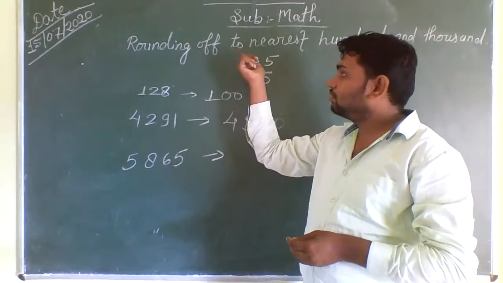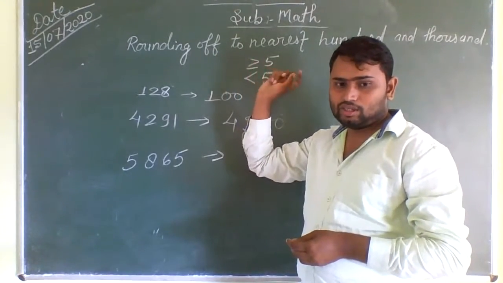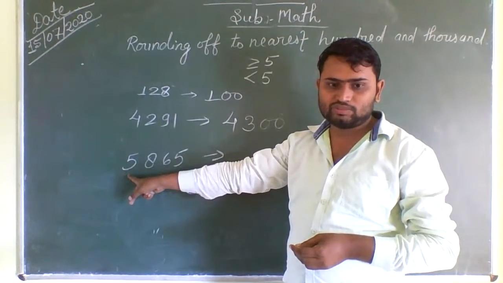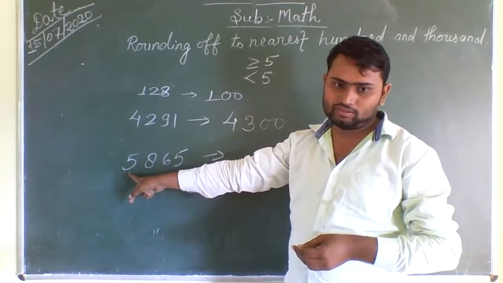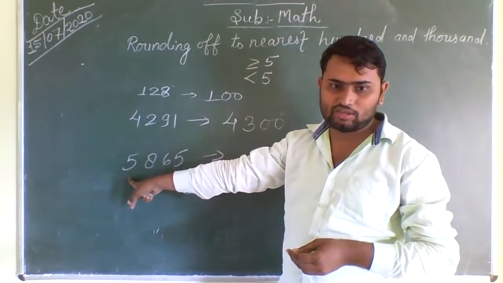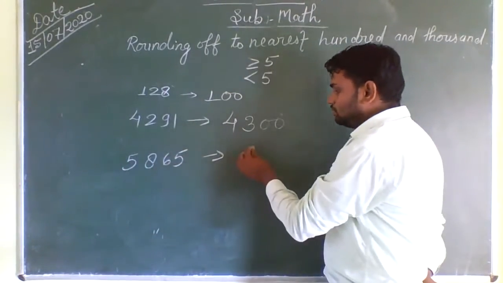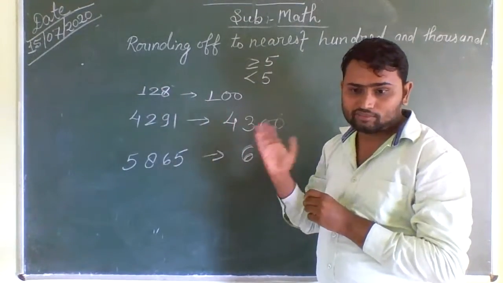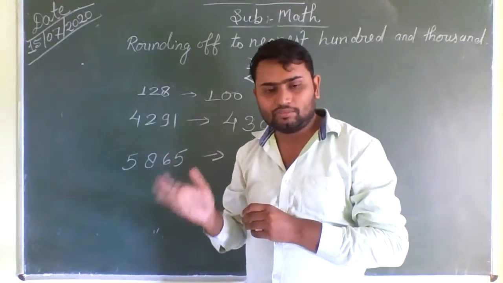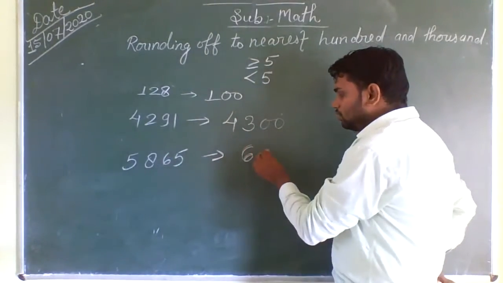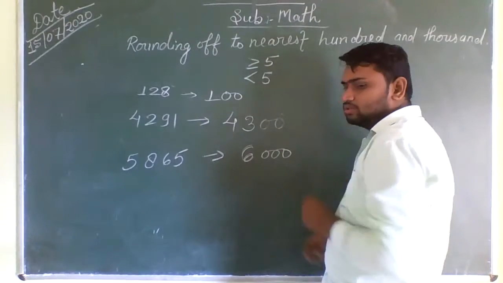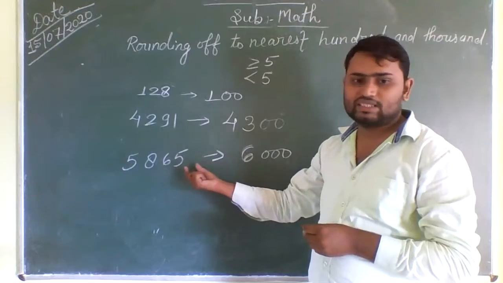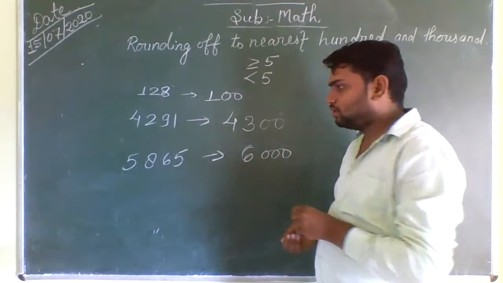It is 8. 8 is greater than 5. So we will increase the digit at the thousands place by 1. It is 5, so now it will become 6. Next we will put 3 zeros after the digit at the thousands place, so it will be 6,000.